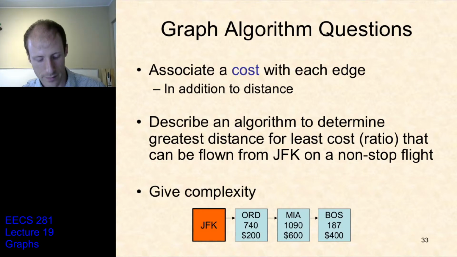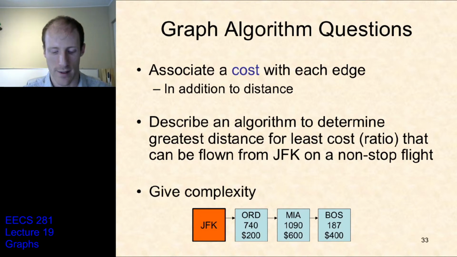So here we have our airport, we have our flights and their associated distances and costs. All I need to do is walk this list, and for every item compute the ratio of distance to cost, and then simply take the maximum value of that computation. So how many miles per dollar?